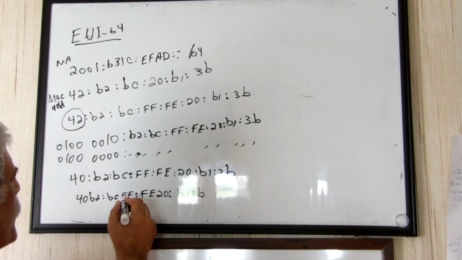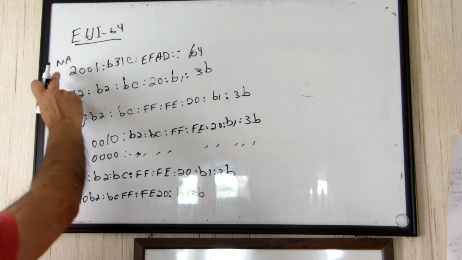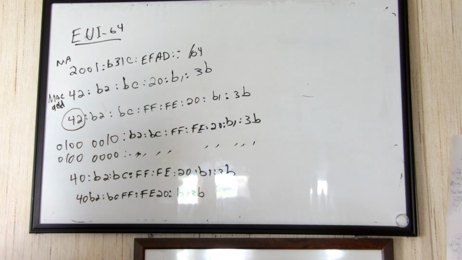Okay, 1, 2, 3, 4, four of them now. And then if you put the network address in front of it, you get the IPv6 address.